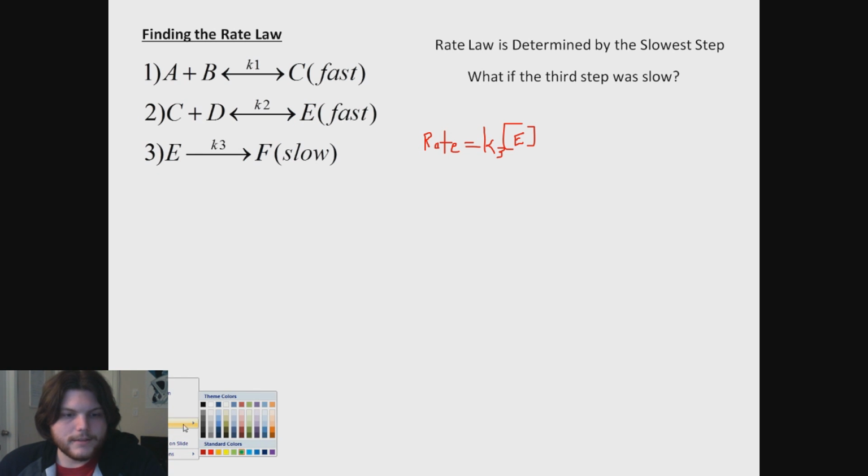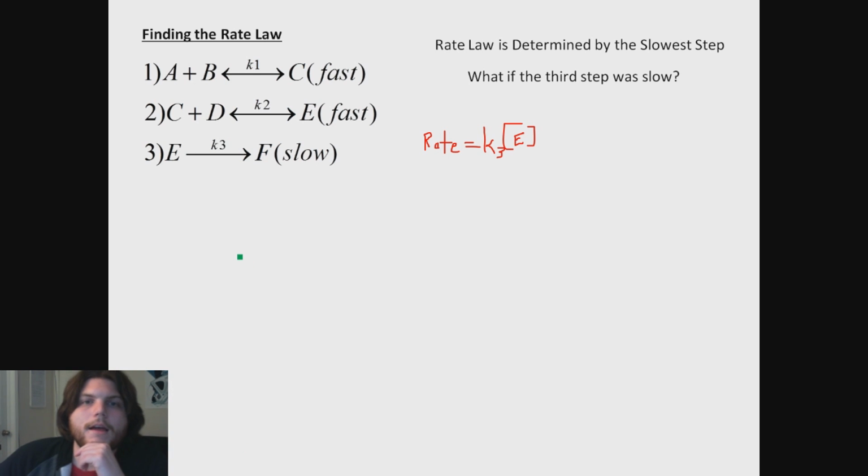So we're going to do the same thing we did last time. Let's keep using green. I'm going to use the same thing we did last time, except for now, since we're at step 3, we can assume that every step before 3 is in equilibrium. So in that case, step 2 is now in equilibrium. So let's go ahead and use that to our advantage. That means that the forward rate of 2 is also equal to the backward rate of step 2.